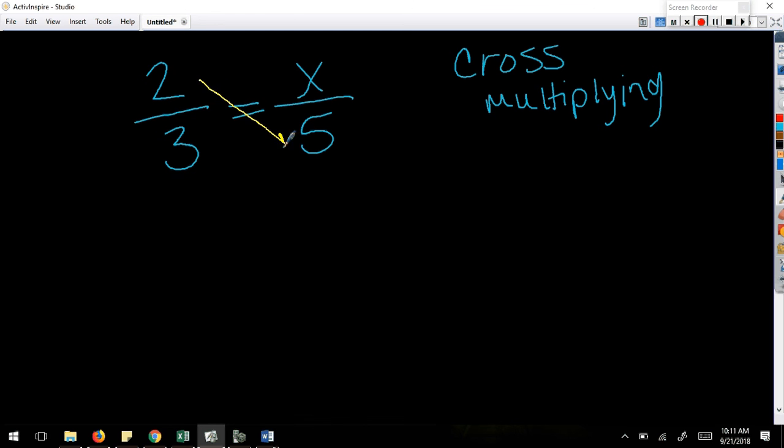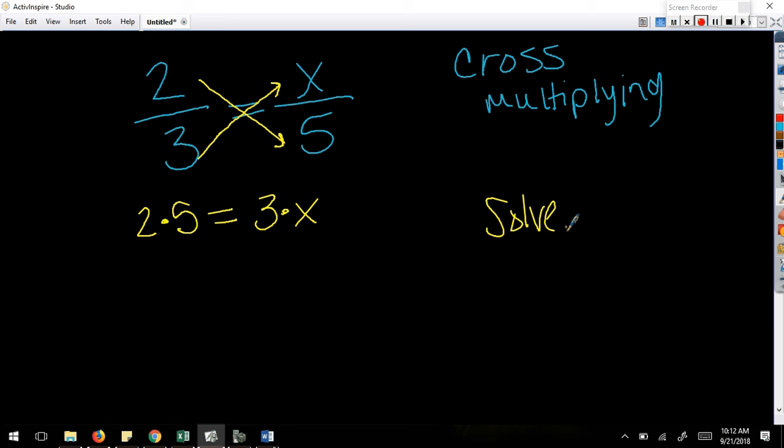And y'all, this only works when there's an equal sign in the middle. It only works on proportions. All right, so I got 2 times 5, and then I do the same thing here: equals 3 times x. Now it's an equation I can solve, right?